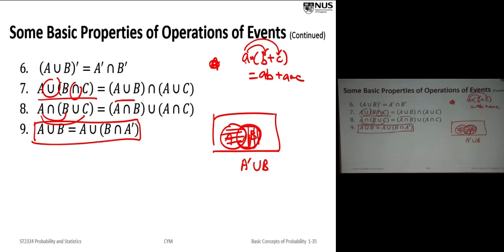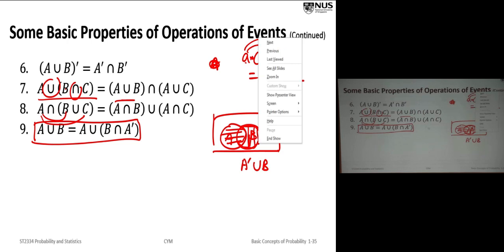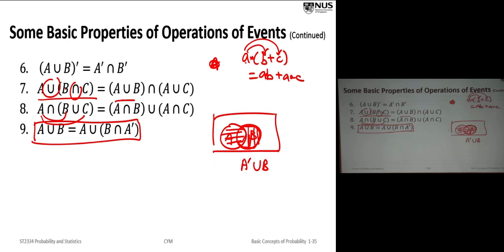Let me change the color. Sorry, my mistake. So it just breaks down A union B into two parts. One is A, the other one is A complement intersect B.